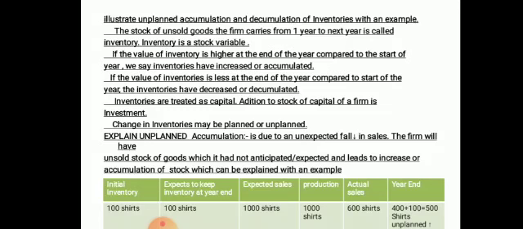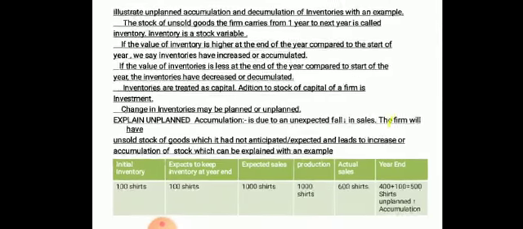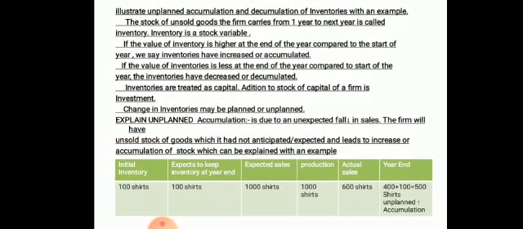Okay, so let me read it. The stock of unsold goods the firm carries from one year to the next year is called inventory. Inventory means stock, so inventory is a stock variable or a stock concept. You all please take the screenshot, these are only the notes. If the value of inventory is higher at the end of the year compared to the start of the year.